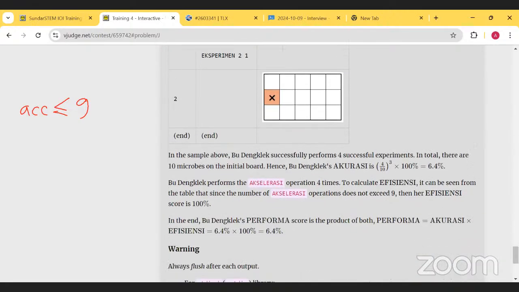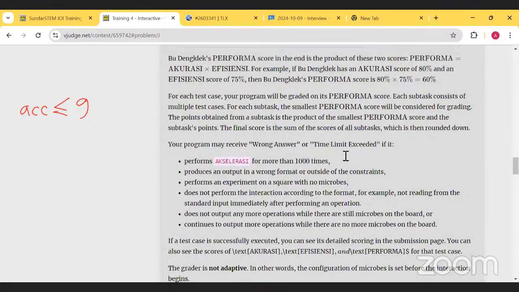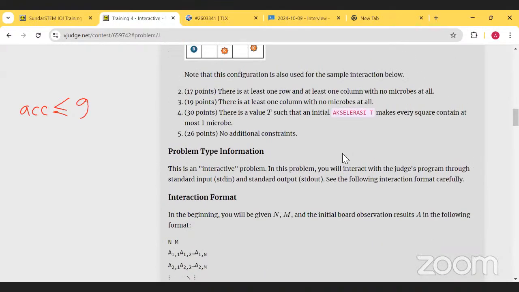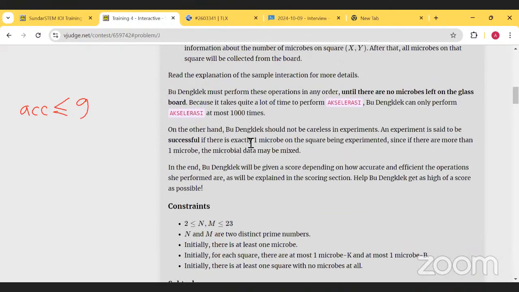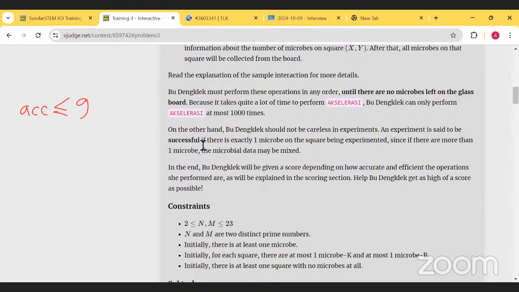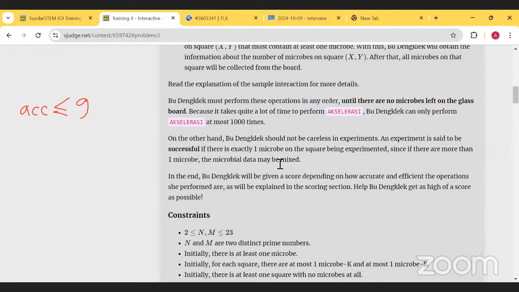And then how about experiments? Here it is stated that if we do an experiment on one microbe only, then it is said to be successful. But if we experiment on more than one microbe, or two microbes at once, then we will get less score here.